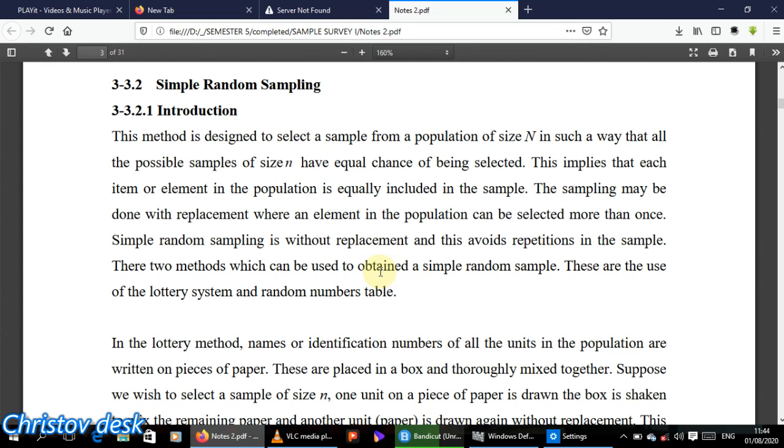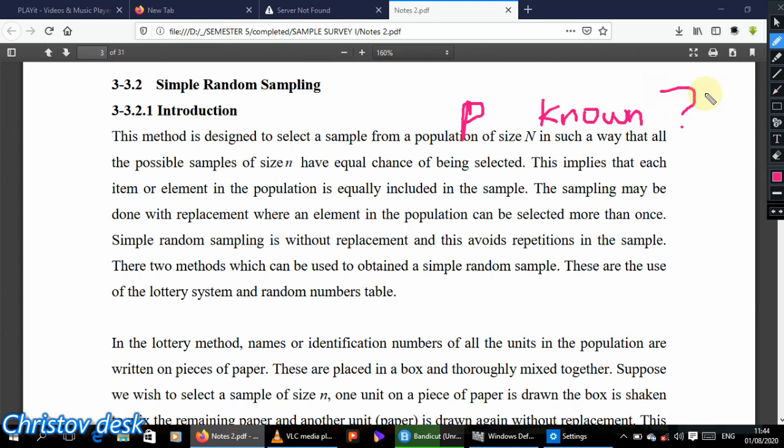Here we are saying it's a probability sampling, so there is some known probability. So what is this known probability?